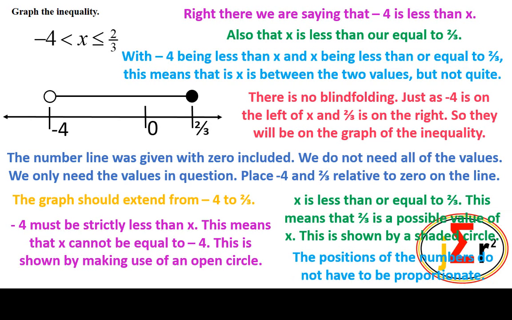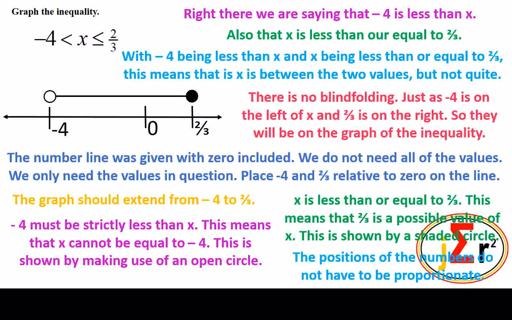The positions of the numbers, as we stated before, do not have to be proportionate. So this does not have to be relative to this exactly -4 units and this 2/3 of a unit. It is not important. What's important would be the relative positions, where this one is to the left. I do not like to use left and right when I'm talking mathematics.